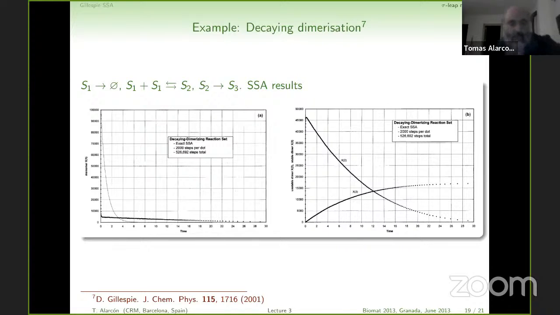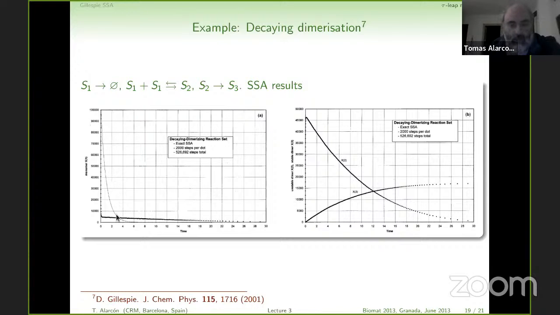This is an example, actually a couple of examples, that Gillespie proposed in his paper.